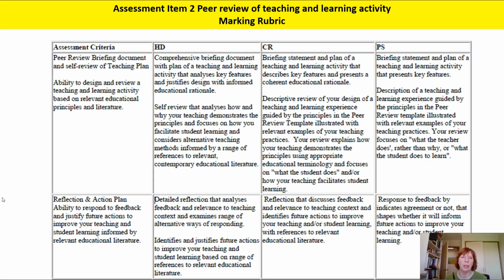At the credit level, you would also be presenting a coherent educational rationale for what you're doing. So your teaching plan, by being coherent, would describe how your teaching and learning activities, for example, are going to achieve the intended learning outcomes for that activity.